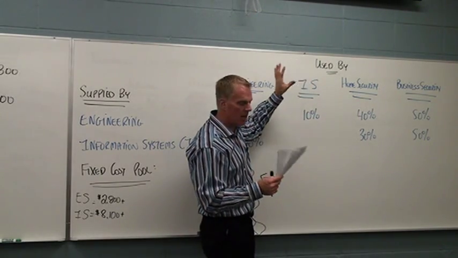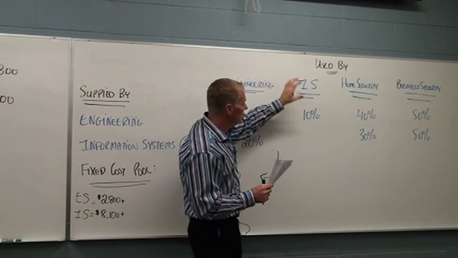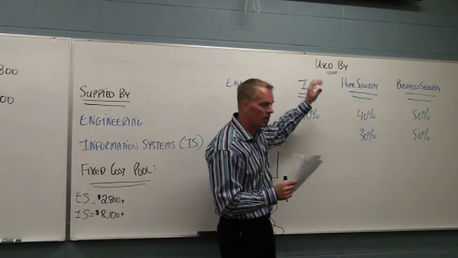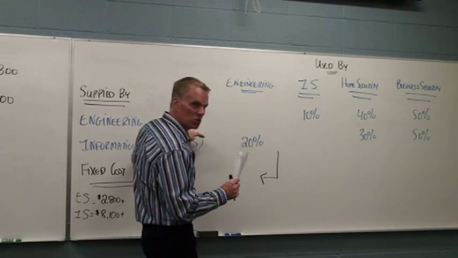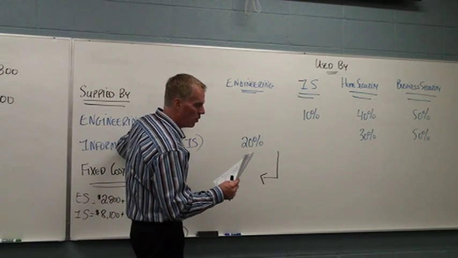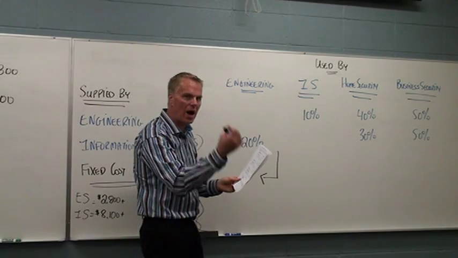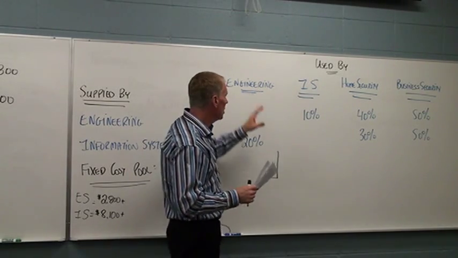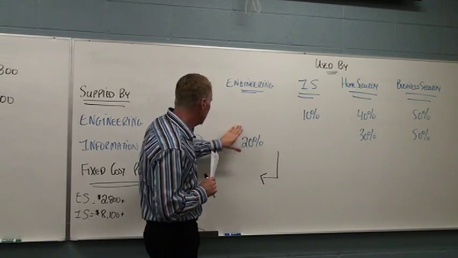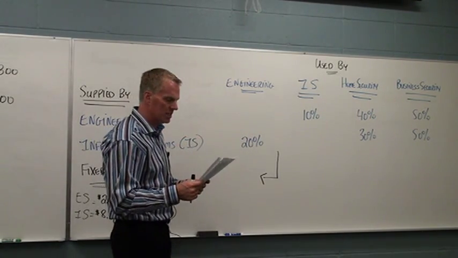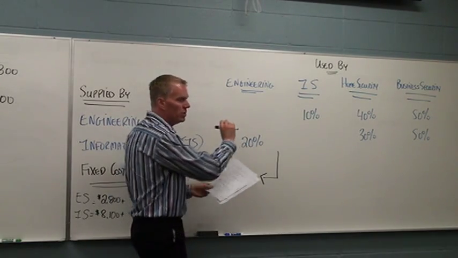Use by is the title at the top. So engineering and information systems and home security and business security, this is what they use of, and this is where we read to the left, the support departments. So if we were to focus on what engineering uses, you start up here. Engineering uses 20% of the information systems support. So that's how you interpret this chart.